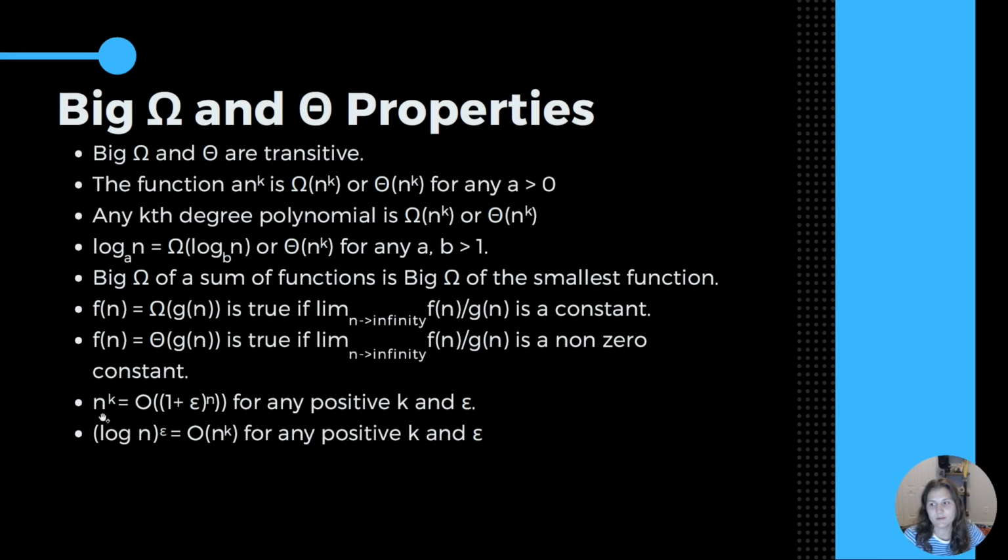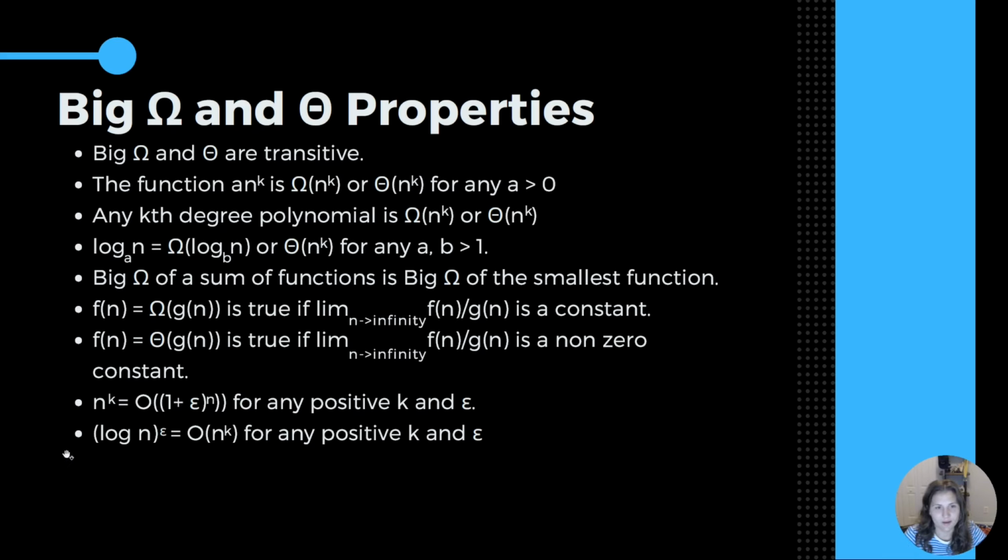Last two properties, we have n to the k is equal to the big O of 1 plus epsilon to the n for any positive k and epsilon. This means that any polynomial is bound from above by any exponential. So an algorithm that runs in polynomial time is eventually preferable to an algorithm that runs in exponential time.